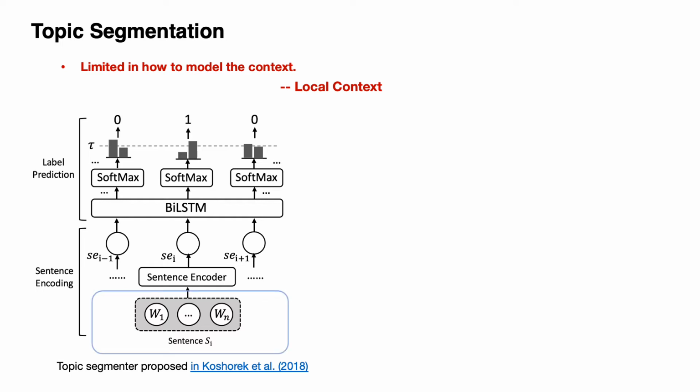Given a document in the form of a sequence of sentences, we try to predict a sequence of labels assigned to the sequence of sentences, where label 1 means the corresponding sentence is the end of a segment, and 0 otherwise. We can see the BiLSTM is the main frame of this segmenter.